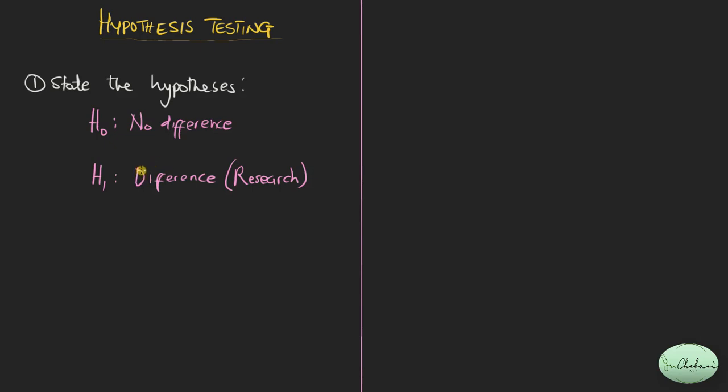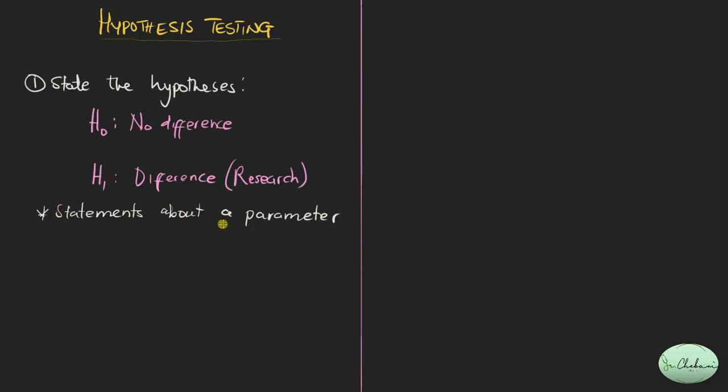The other thing to note is that these statements, the null hypothesis and the alternative hypothesis, are statements about a parameter. So they are statements about the population, a certain measurement that tries to describe the population. They are not statements about our sample. This is important.